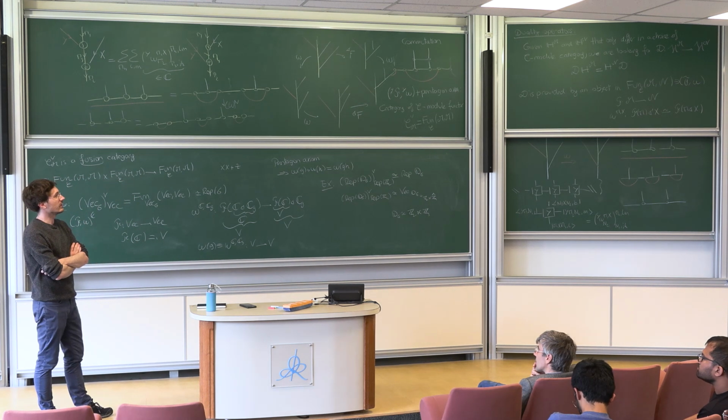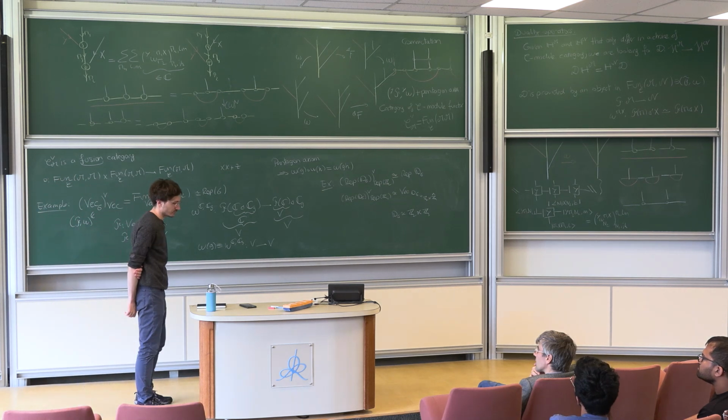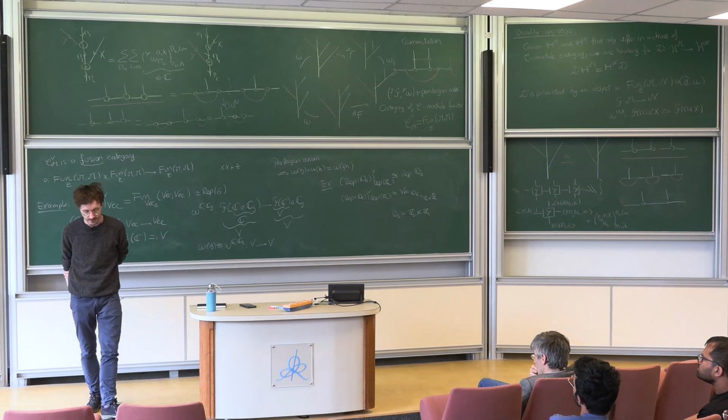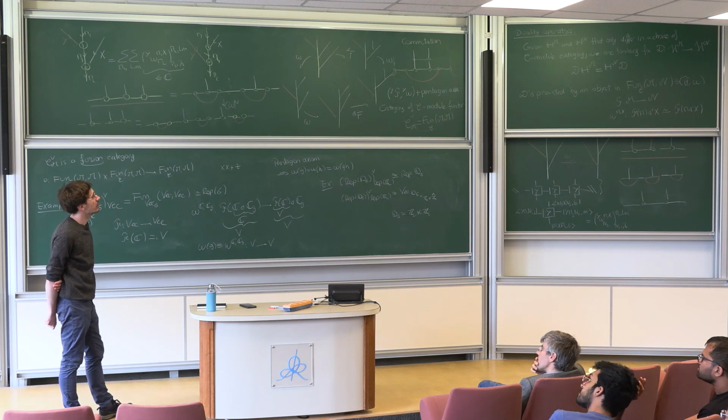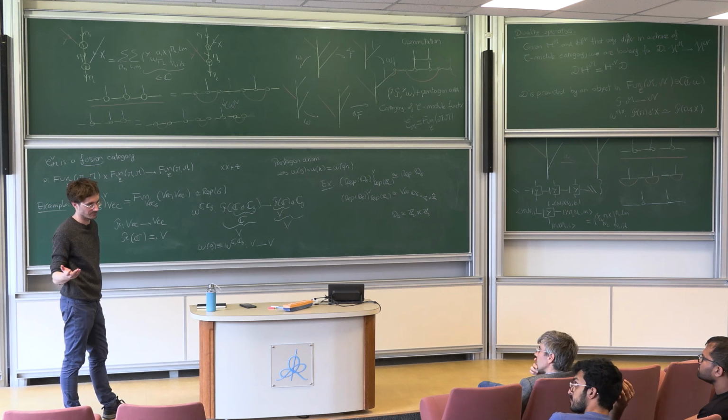I'm going to briefly mention some applications on Friday. There are cases where it's conceptually advantageous to go to a dual model, which is typically what you would hope for from a duality.